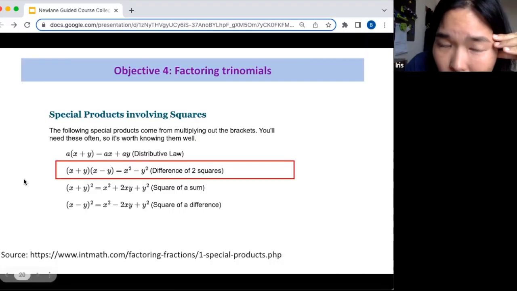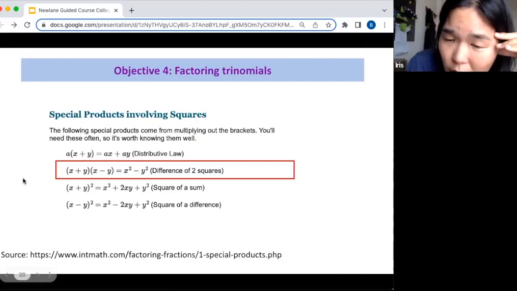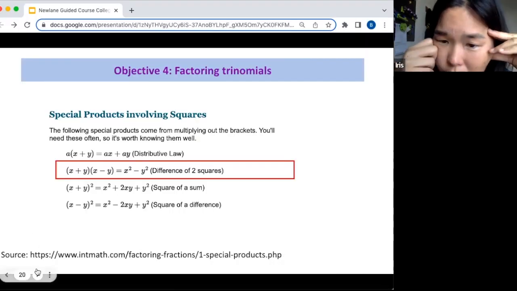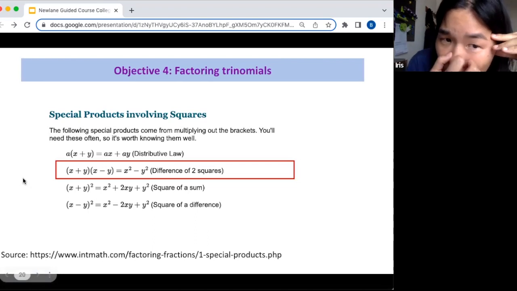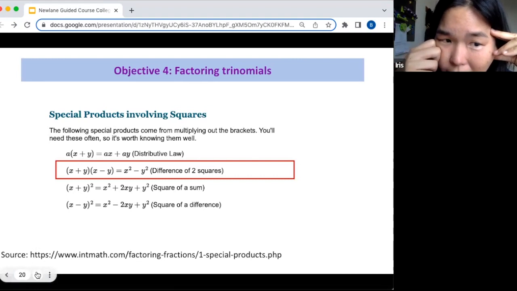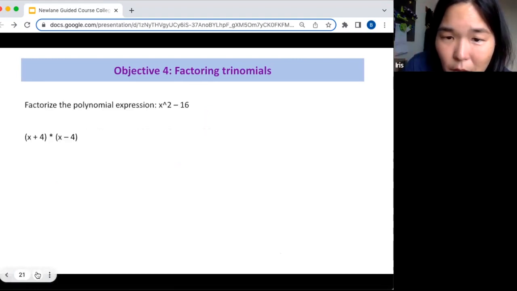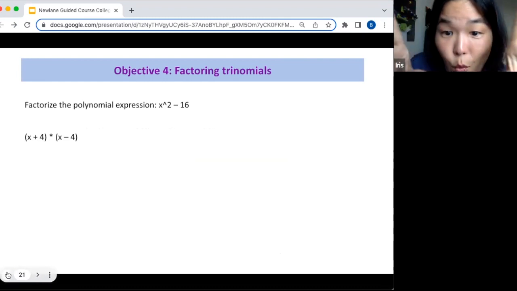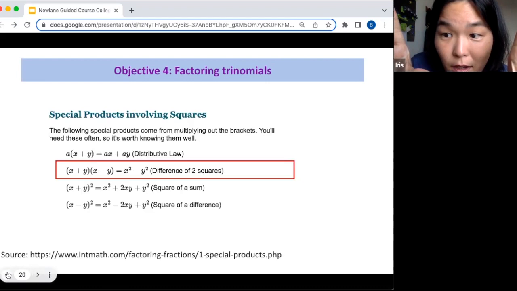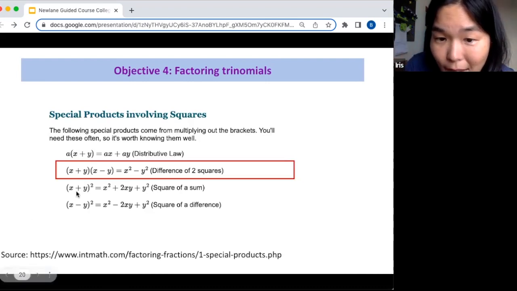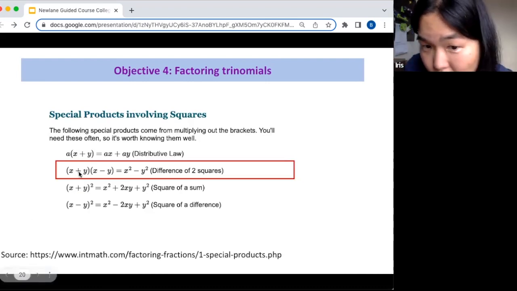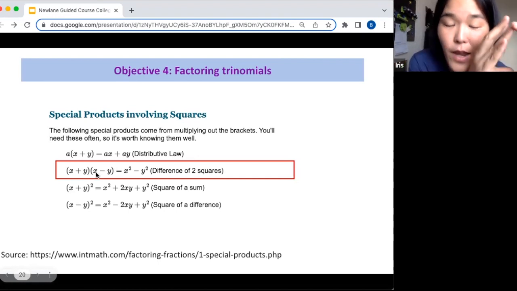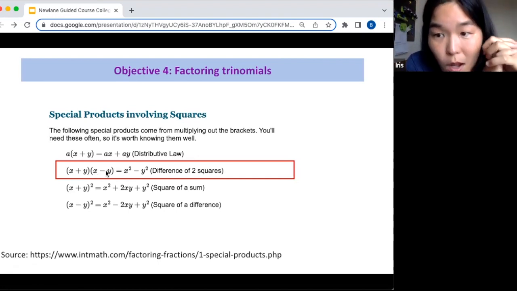Let's go back to one of the examples on the next slide: factorize the expression x squared minus 16. We see from the previous slide that the difference of two squares, x squared minus y squared, can be factored into x plus y and x minus y.